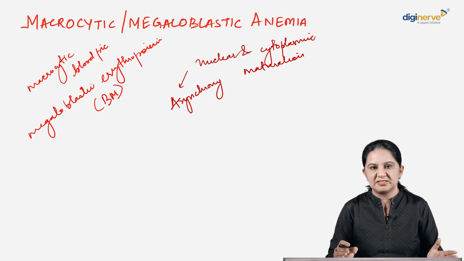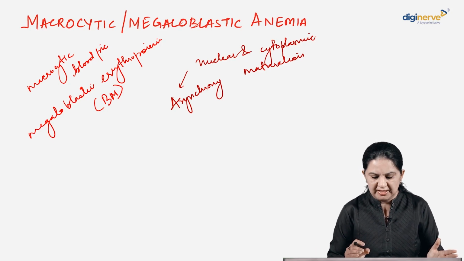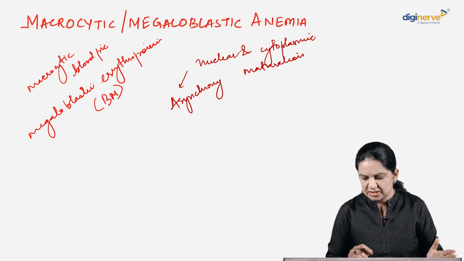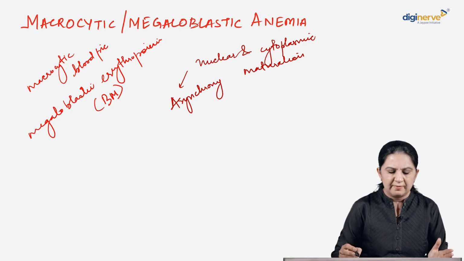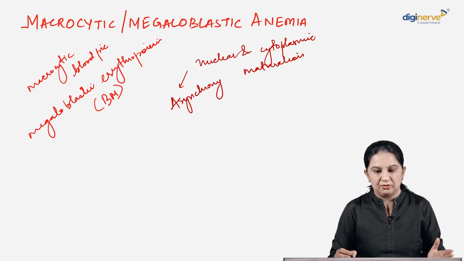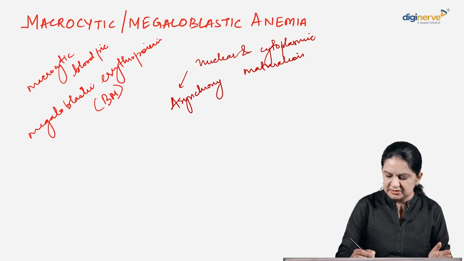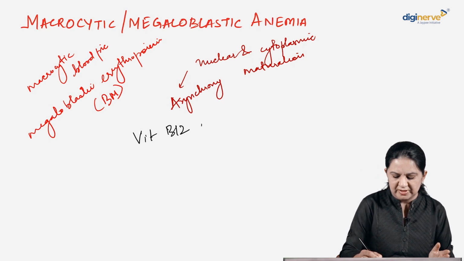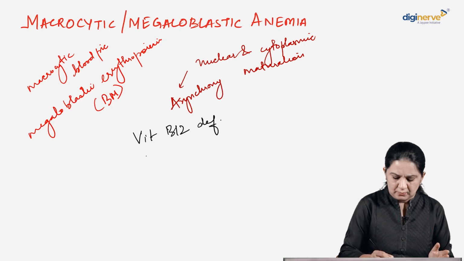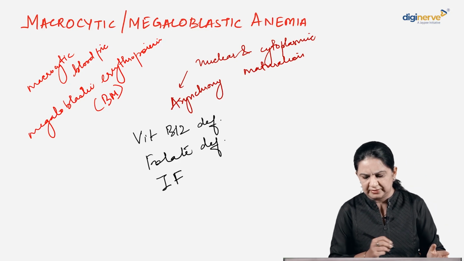So this explains the development of megaloblasts or macrocytes. Now, what is the cause of megaloblastic anemia? It is due to nutritional deficiency of vitamin B12, folate deficiency, or deficiency of intrinsic factor.